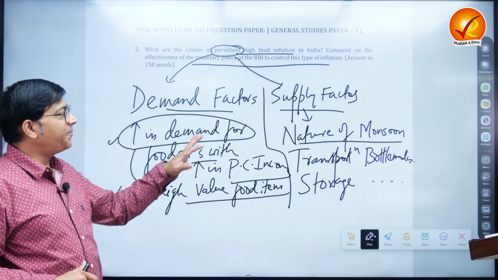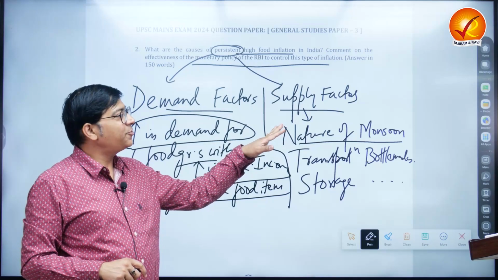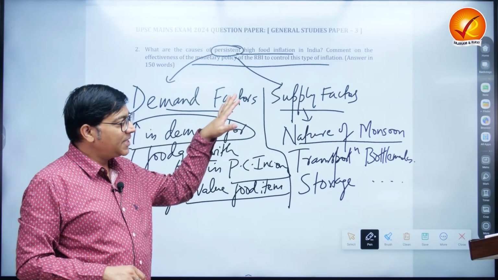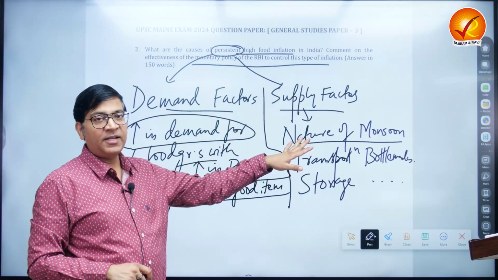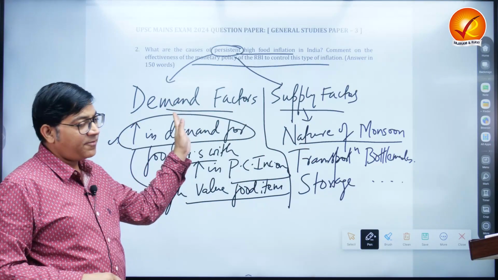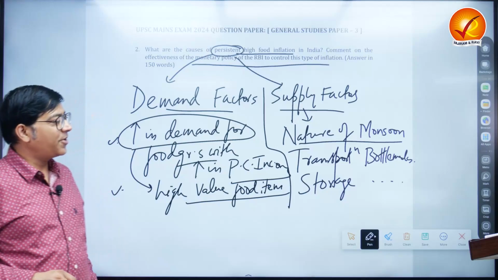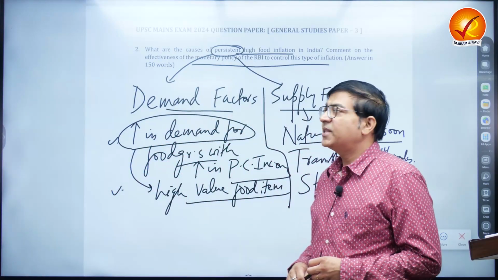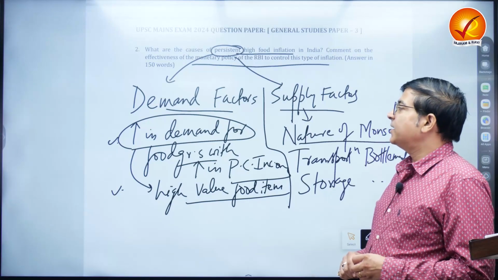In India, supply factors seem to dominate more, in the sense that there are more bottlenecks on that side compared to the demand. Demand factors may also be important. However, supply factors seem to dominate more in case of the higher food inflation.